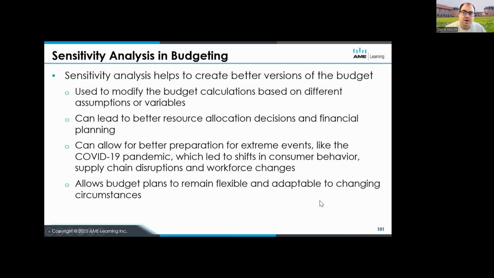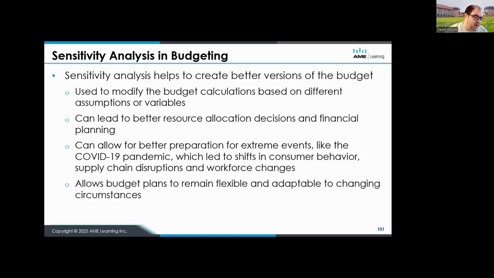Now, one thing that we would want to do is use sensitivity analysis when we're doing our budgeting. What this does is it is used to modify the budget calculations based upon different assumptions and variables. And this can lead to better resource allocation decisions and financial planning.